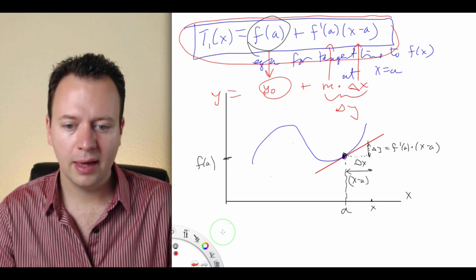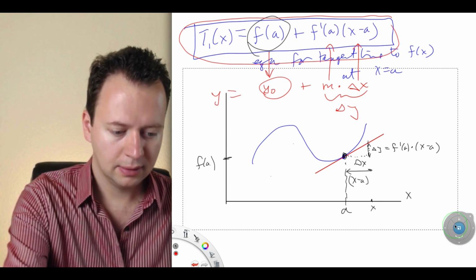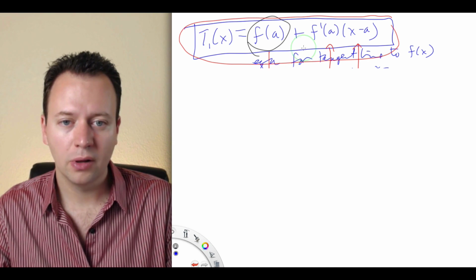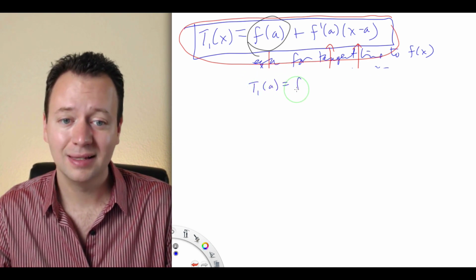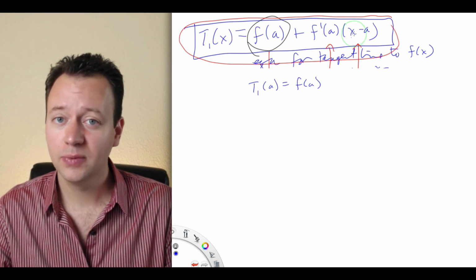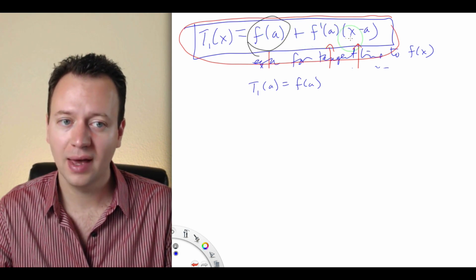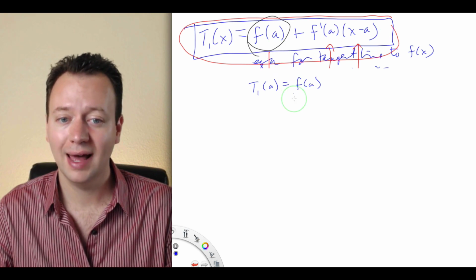And we'll note that there are two properties, in fact, that we should note. So first of all, the tangent line evaluated at a is equal to f of a. You can see this because if we plug in a for x, we get T1 of a is f of a plus f prime of a times a minus a. A minus a is 0, so it's just equal to f of a.